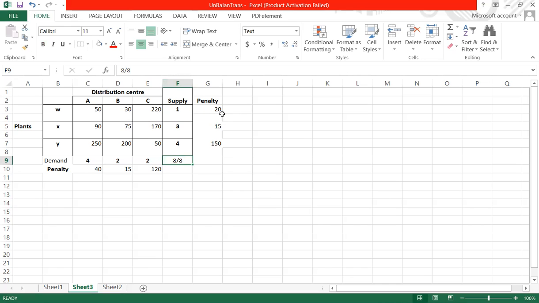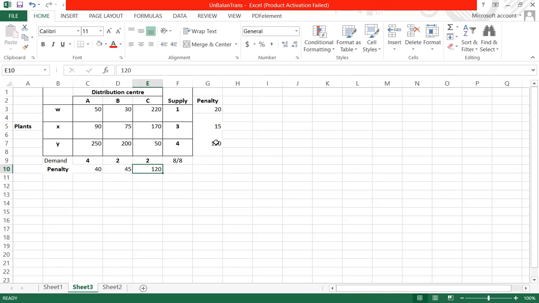Now we will calculate the penalties. The row penalty. First row ki penalty nikalte hain. 50 and 30 difference 20, 90 and 75 difference 15, 50 and 200 difference 150, 50 and 90 difference 40, 30 and 75 difference 45, and 50 and 170 difference 120.